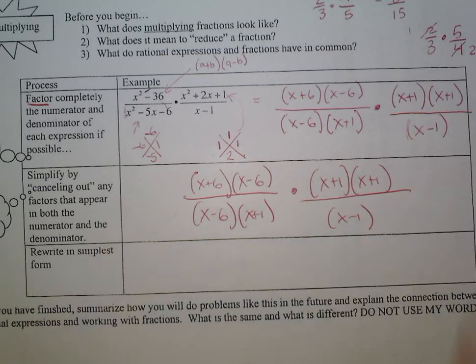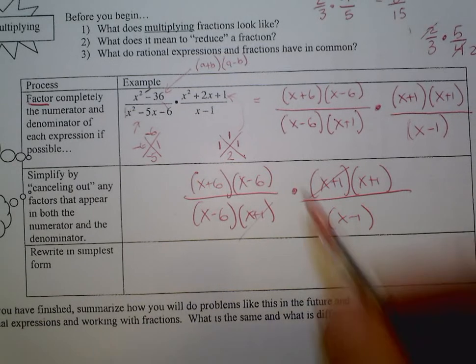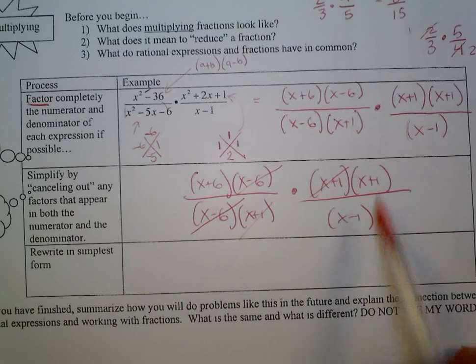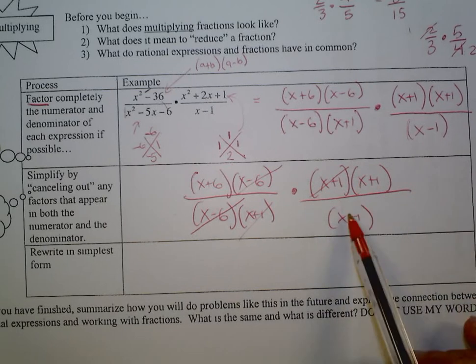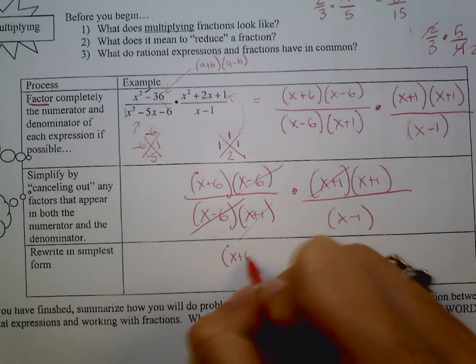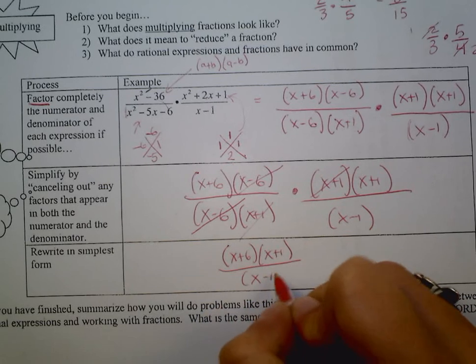All right, so things that I can cross out. I have an x plus 1 and an x plus 1, so those go away. I have an x minus 6 and an x minus 6, so those go away. X plus 1 and x minus 1 are different, so I can't cross them out. So I'm left with x plus 6 times x plus 1 all over x minus 1.